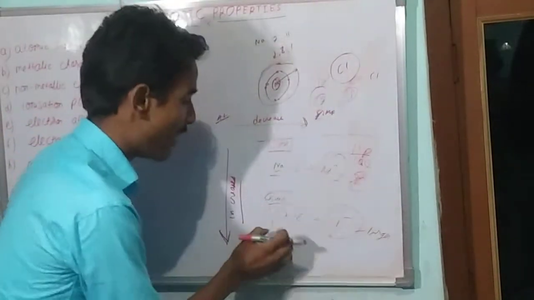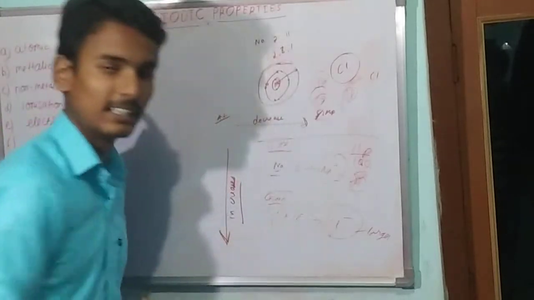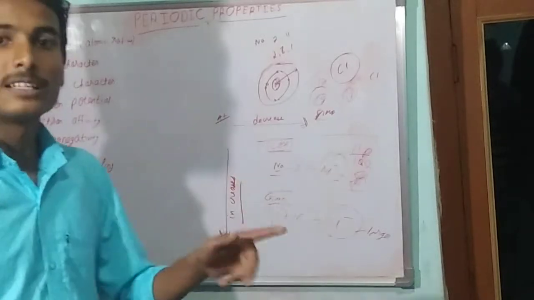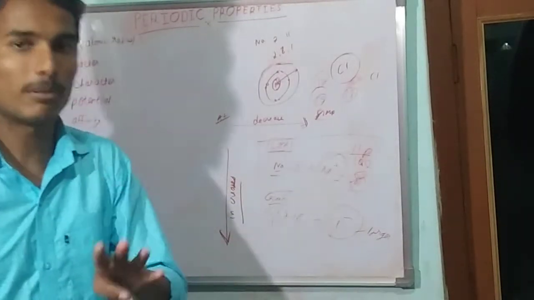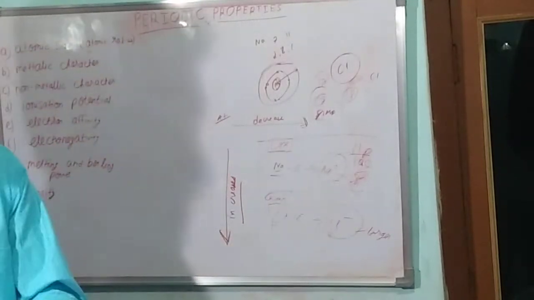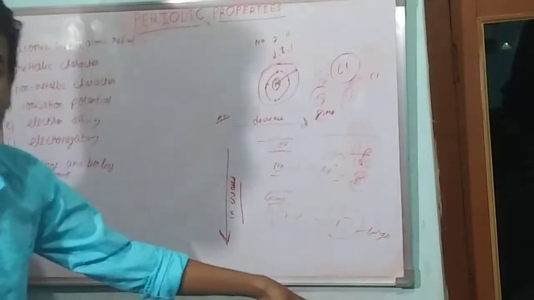Why is this bigger and why is this smaller? Cl has 7 electrons in the outermost shell, and in Cl- it has 8 electrons.